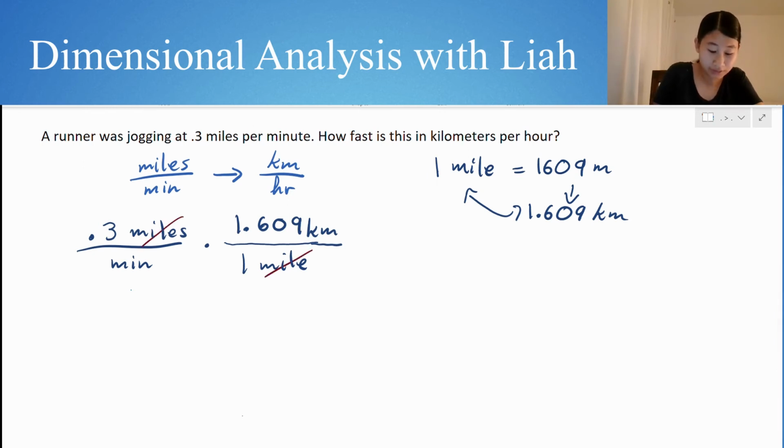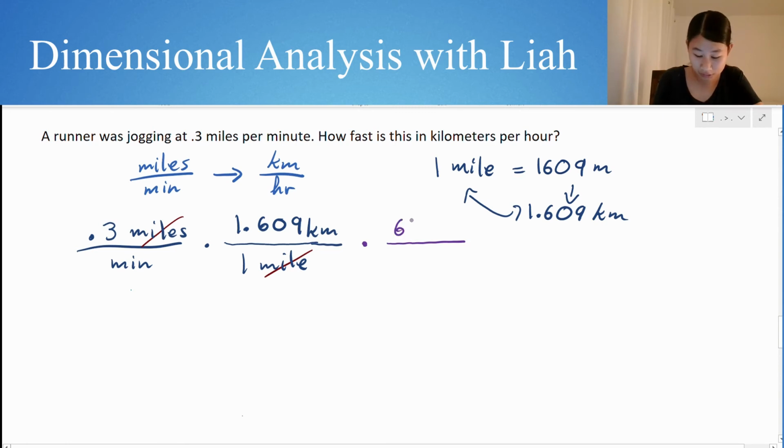Now that we have miles on top and miles on the bottom, we get to cancel this out. And now we go on to convert our time unit, which we need to go from minutes to hours. So we know that in 60 minutes, there is 1 hour. Now that we have minutes on the top and on the bottom, we get to cancel out minutes, leaving us with kilometers per hour, which is what we want. So now we can just multiply straight across.